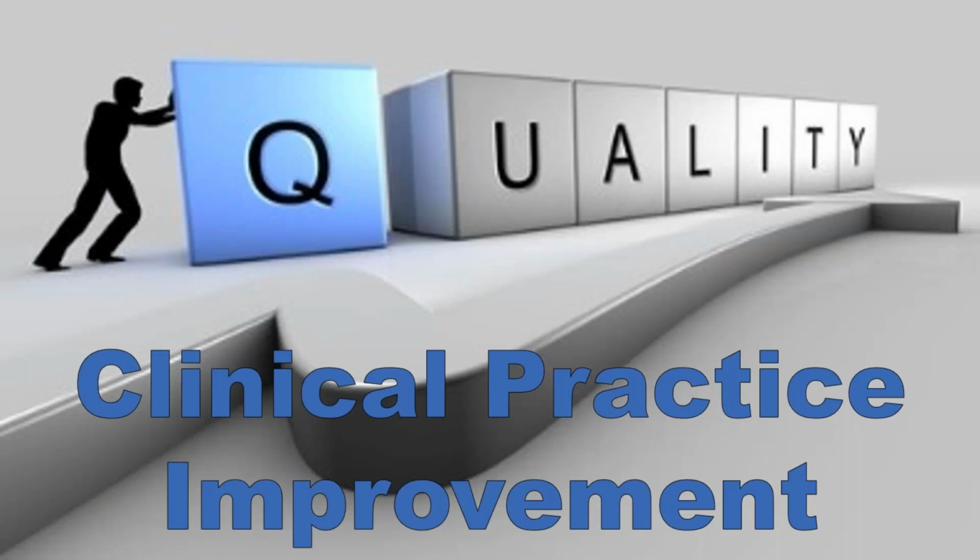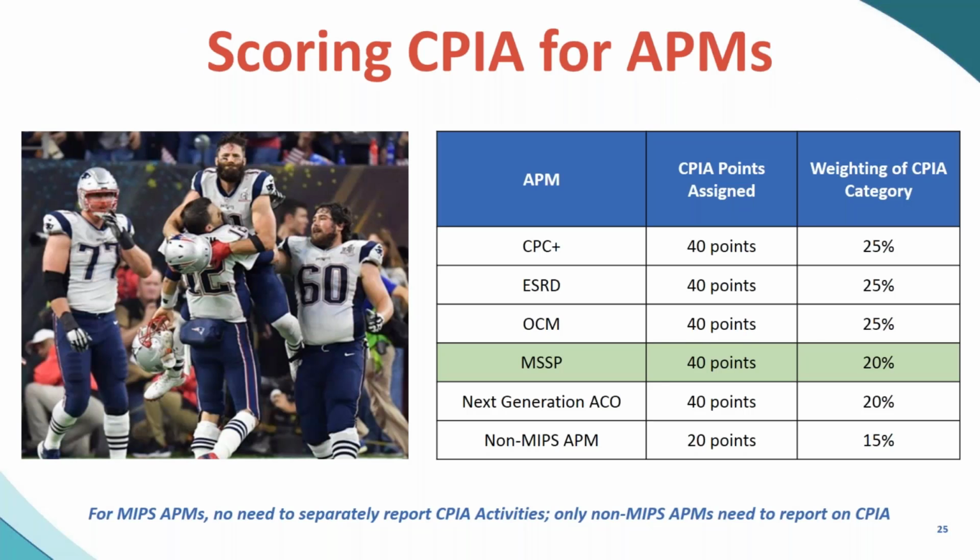Okay, now on the clinical practice improvement, just to reiterate, because we're really wrapping up the area and we want to get to your questions. For those on the call that are participating in the Shared Savings ACO, you get full credit under CPIA.